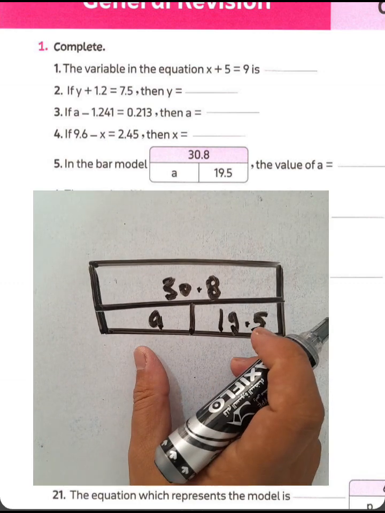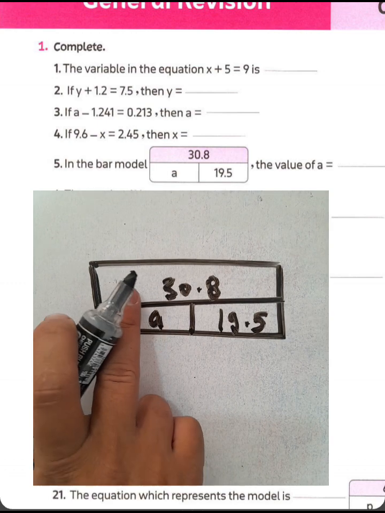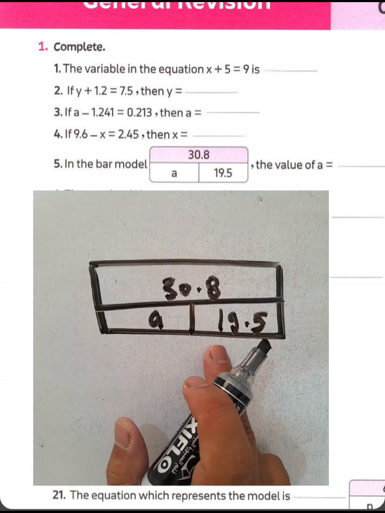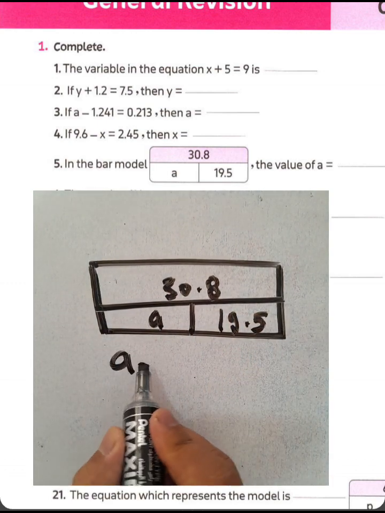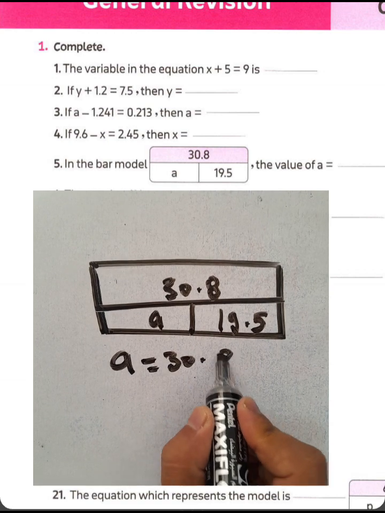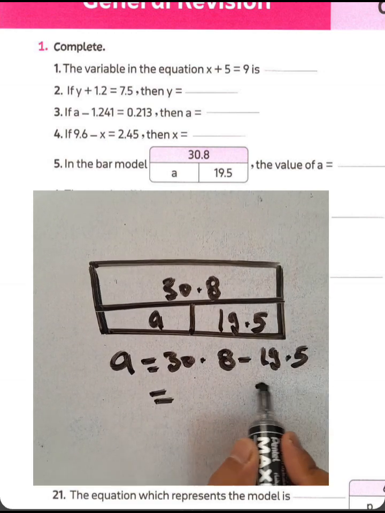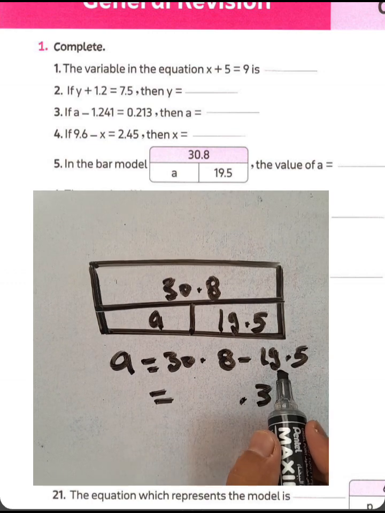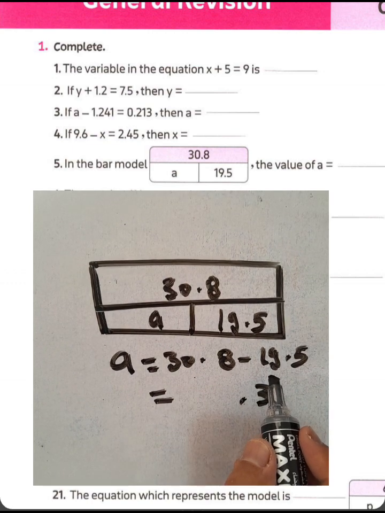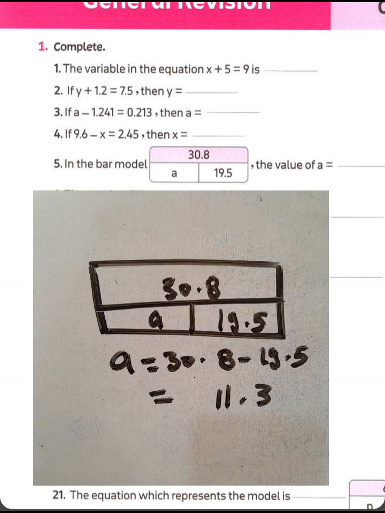We can solve this example to find A by subtracting 19.5 from 30.8. A equal 30.8 subtract by 19.5. 8 minus 5 equal 3, and 30 minus 19, it will be 11. Then the result will be 11.3. It's the value of A.